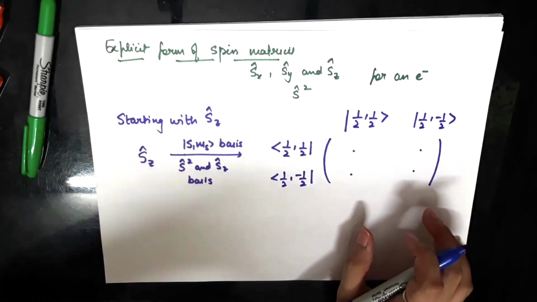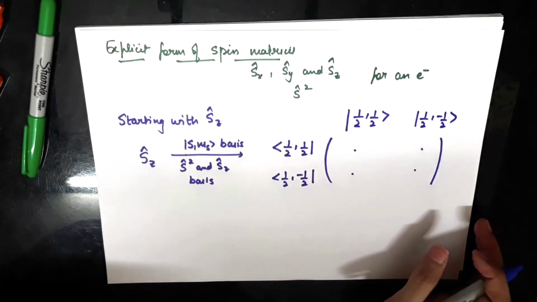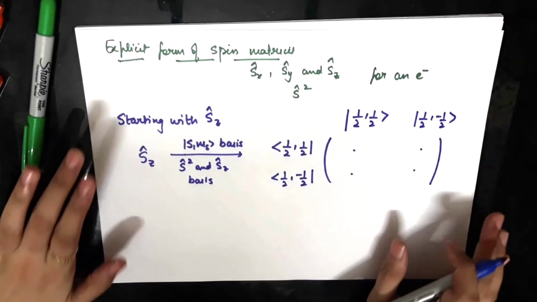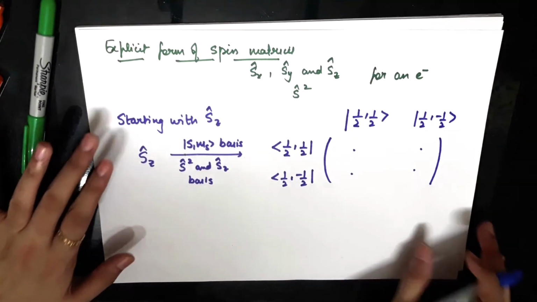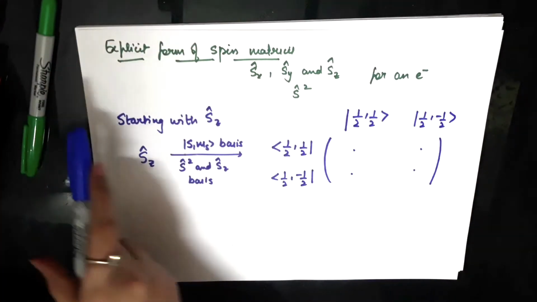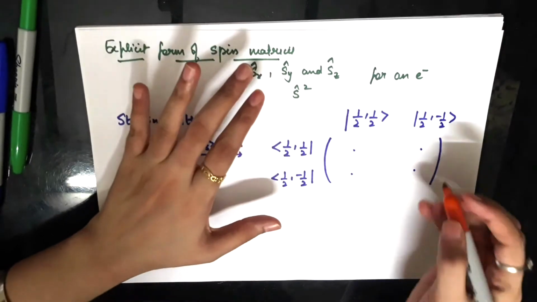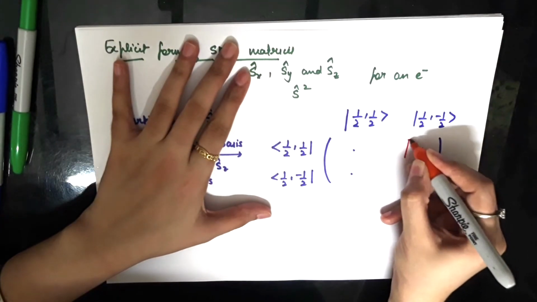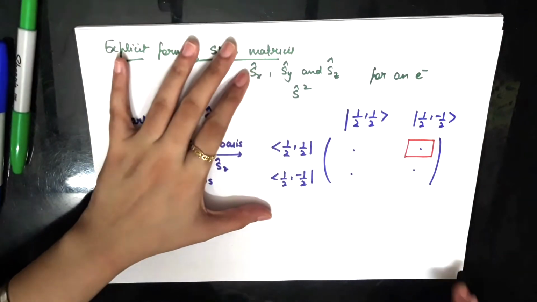This is important. Always keep in mind that these are in the S squared and Sz basis. For example, let me do a computation for any one of these elements. I consider this element and compute what the entry should be.